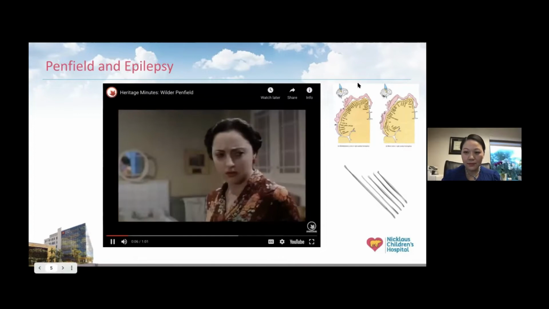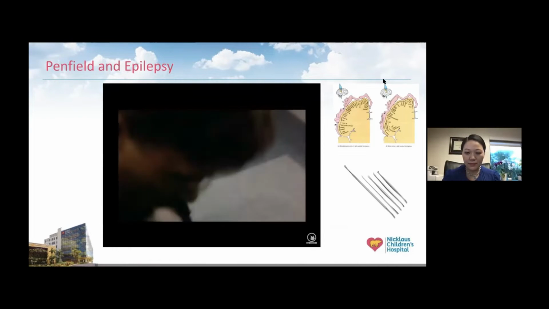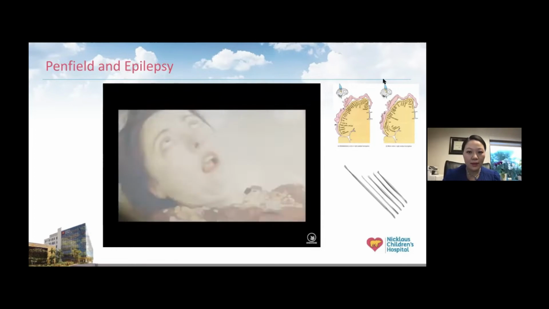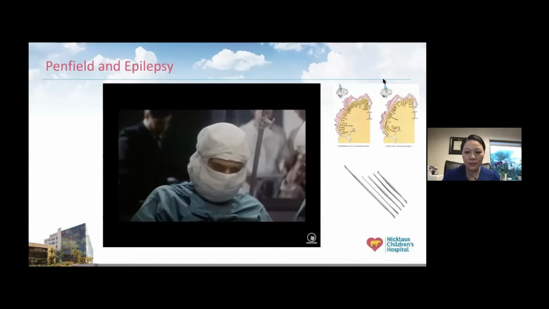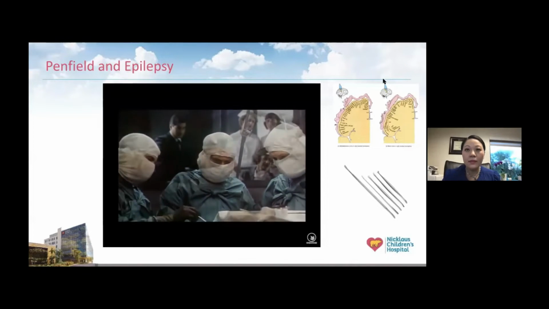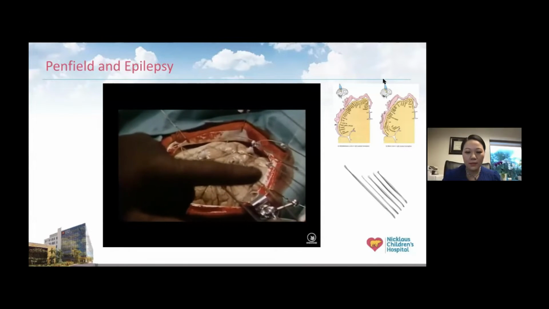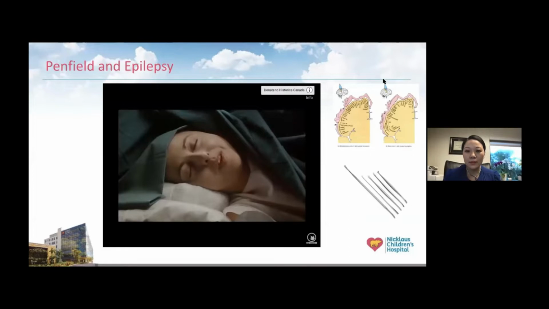Toast is burning. Every time she has a seizure, she smells something burning. Now, if we can provoke that smell by probing the surface of the brain, we'll find the source of the seizures. Mrs. Gold, do you feel anything? I can see the most wonderful lights.